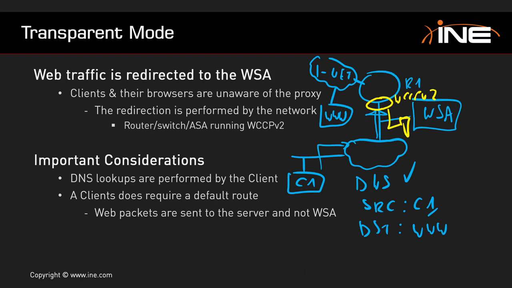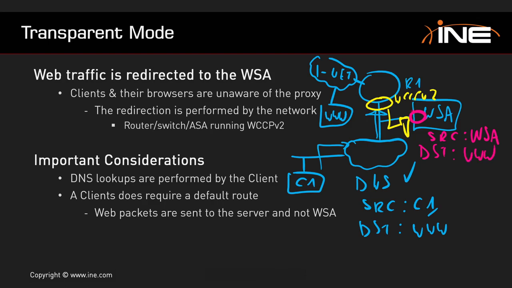So the WSA gets a packet with a source of our client. It inspects the packet and then again changes the source. It puts its own data port IP address and then forwards the packet to the final destination. The destination is already in the packet, so WSA doesn't really have to perform the resolution.